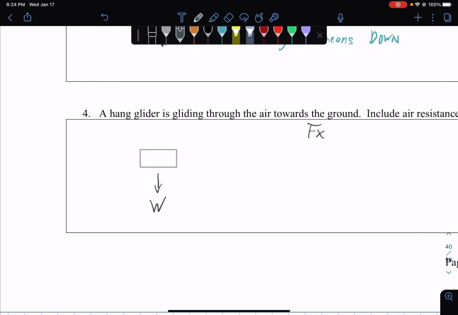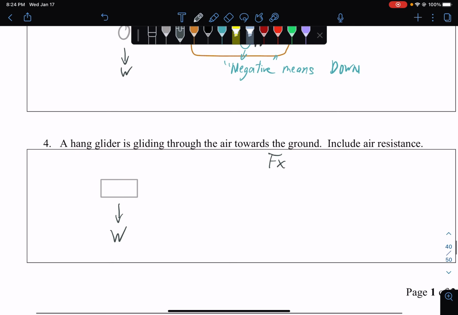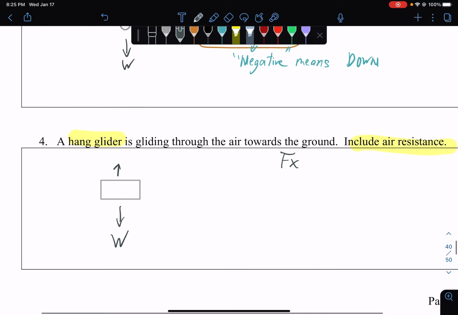Okay, so if we ought to include air resistance, then this object particularly is a hang glider, so it's able to resist the pull of gravity significantly in comparison to other objects if they were to fall down. For instance, a heavy metal cannonball.